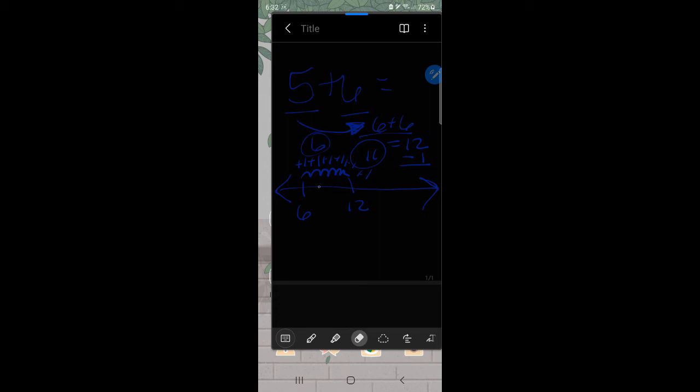That's 6 ones here to get me to 12. And then I know that I am one too many because I didn't have 6 and 6. So I have to take one of those ones away, and my answer is 11. If we were on the number line, we could do 6, then our little jumps over here all the way to 12, and then count downward again to give us that 11. Sorry, this is very messy, but hopefully that makes sense.